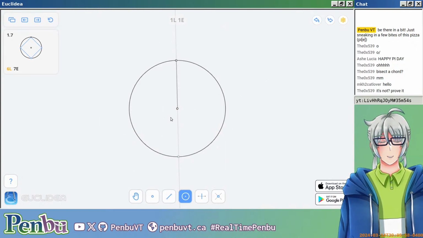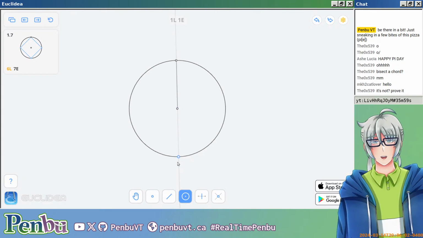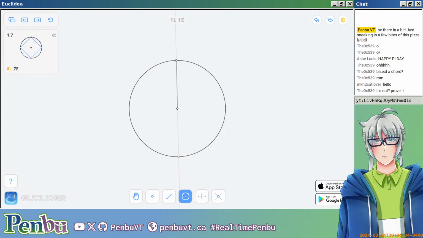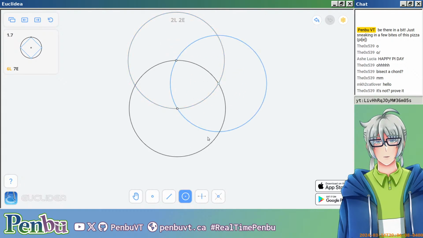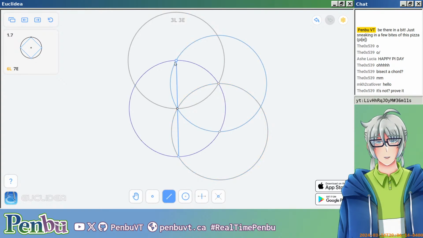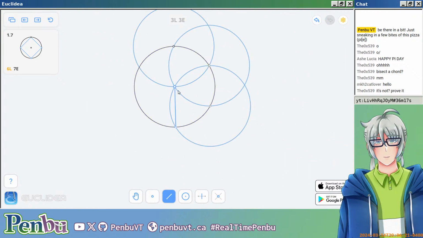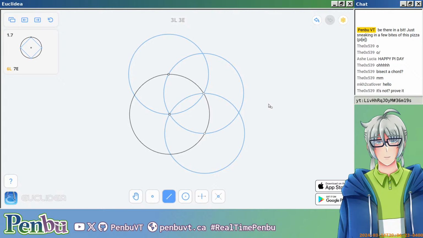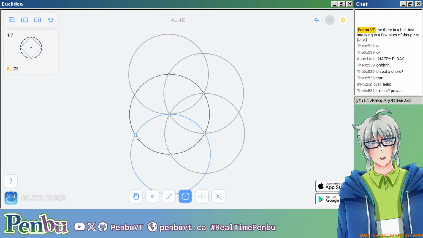I think we still do need this line here, though. Because otherwise, how are we getting the other side? We can try making a bunch of these circles here, but oh, actually, is this? No, that's not exactly. Yeah, that doesn't go through the middle. I remember this doesn't actually.